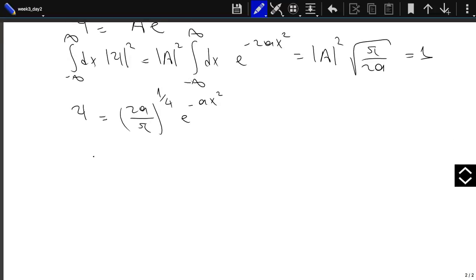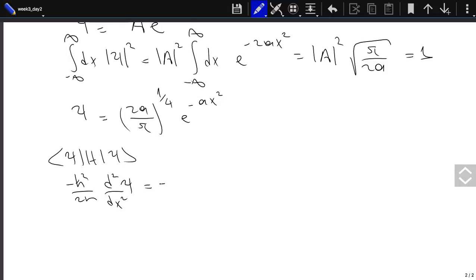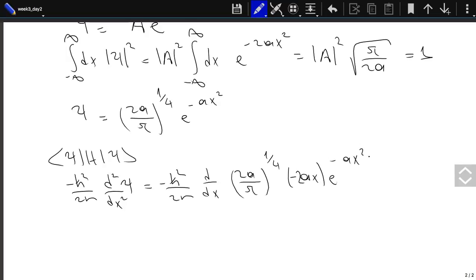Now let's calculate the matrix element of the Hamiltonian. Well, let's first look at minus h bar squared over 2m times the second derivative of psi, del squared over del x squared. This is equal to minus h bar squared over 2m del over del x. Let's take the first derivative: (2a over pi) raised to the power 1/4 times minus 2ax e to the power minus a x squared.